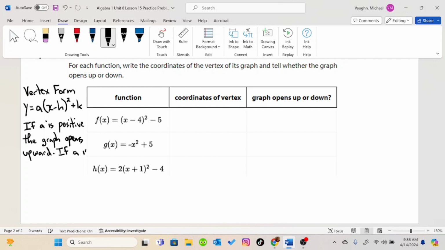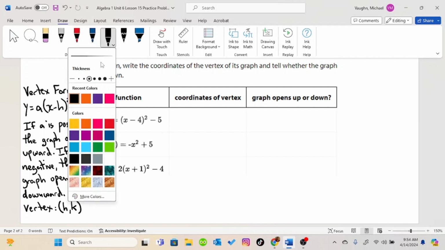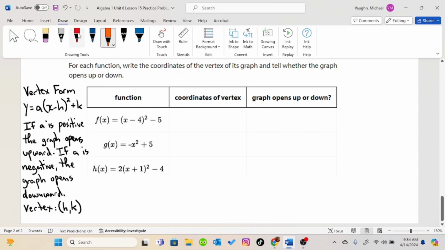If a is negative, the graph opens downward. And the vertex is at coordinates h, k. So this is the information we will use to fill out this table.